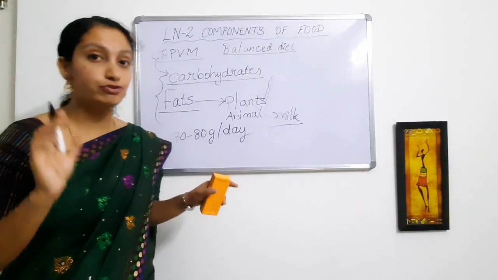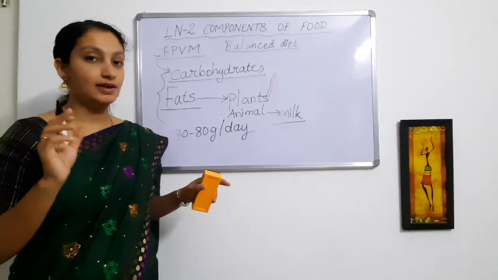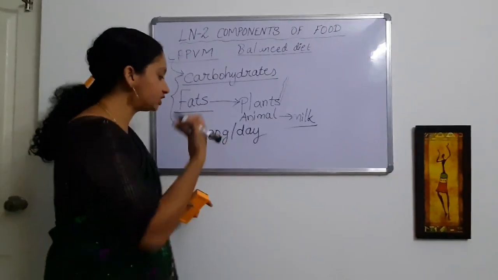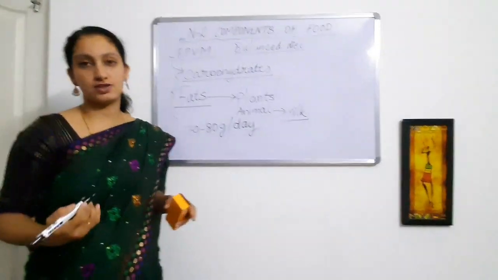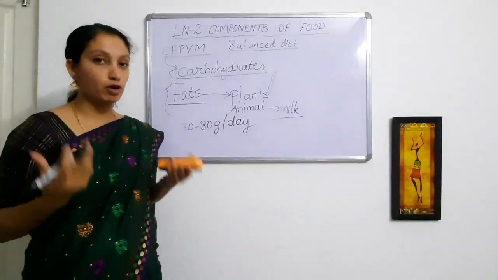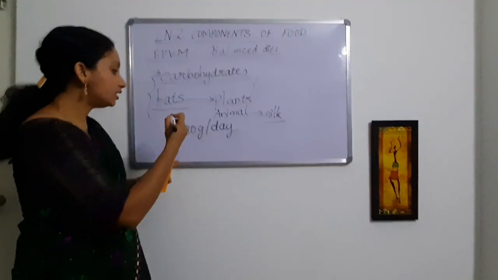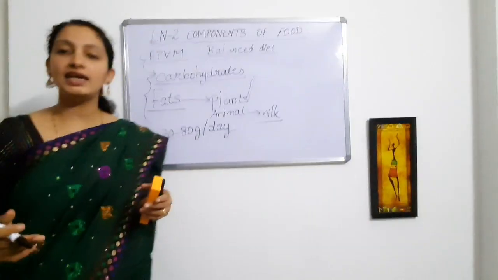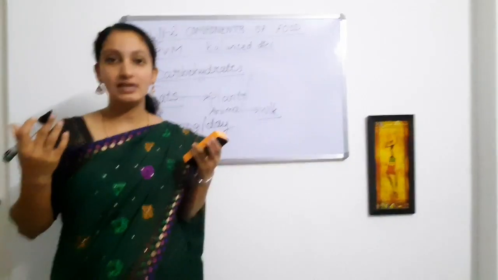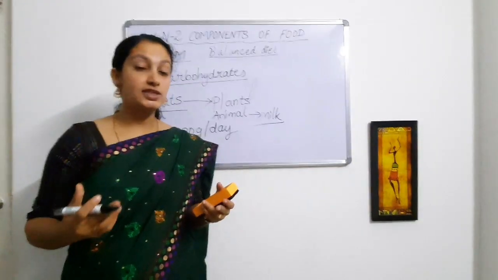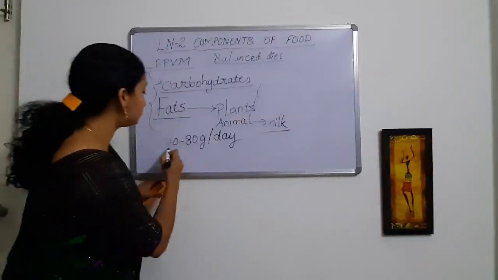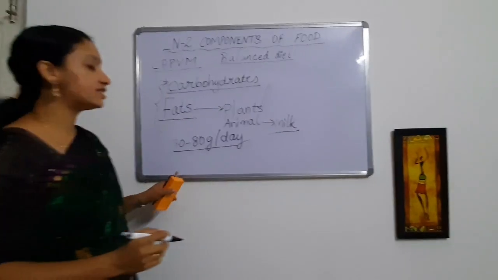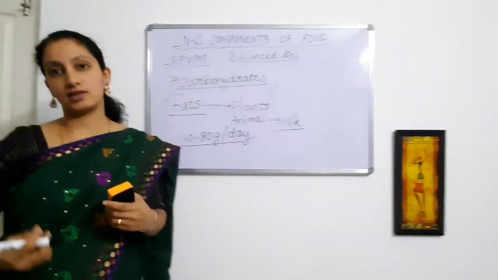Fat containing food you should eat a day to get this much fat to provide you energy. In case you are taking more fat containing food and it is exceeding the limit of 70 to 80 gram per day, what happens?